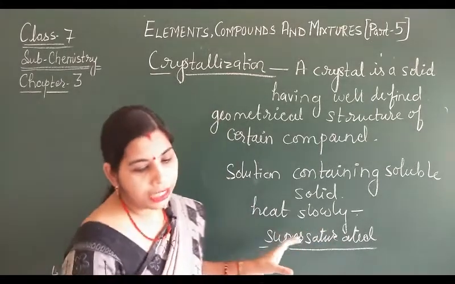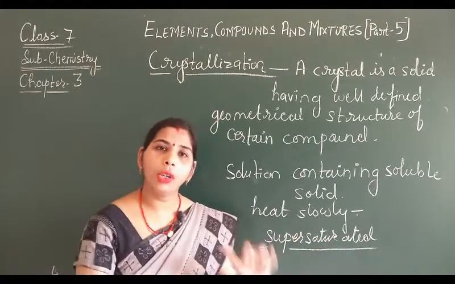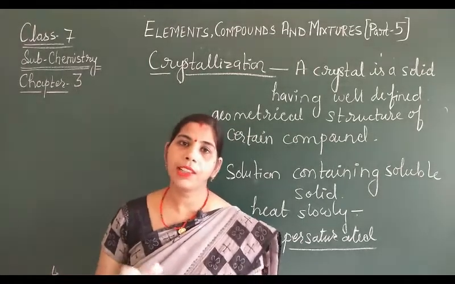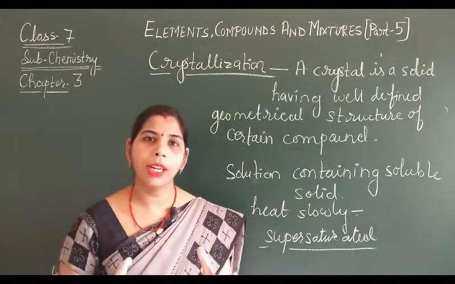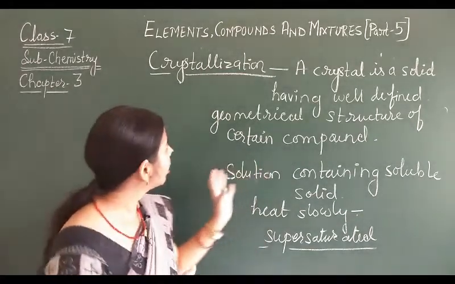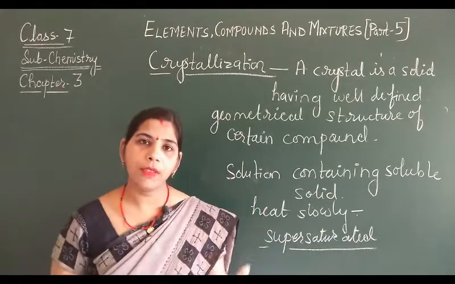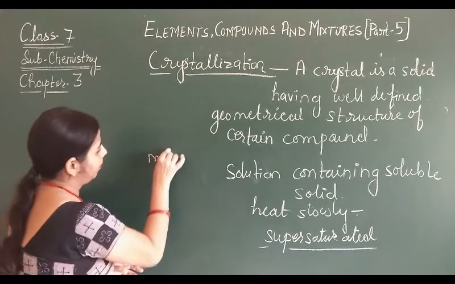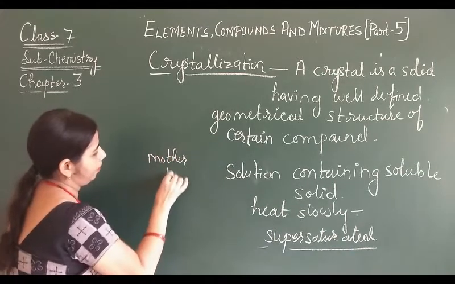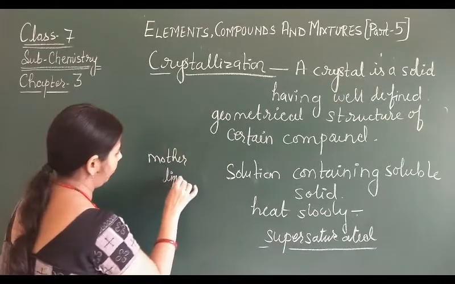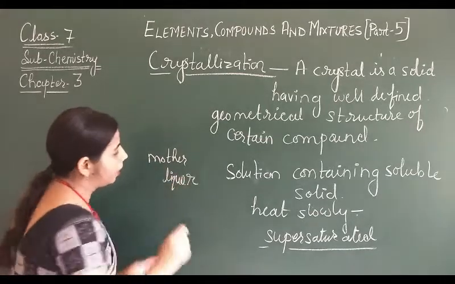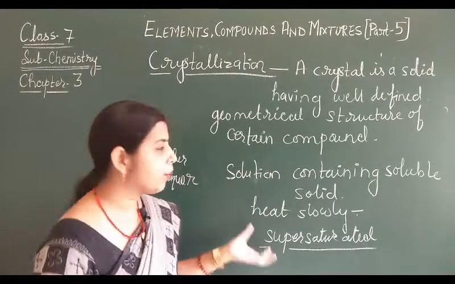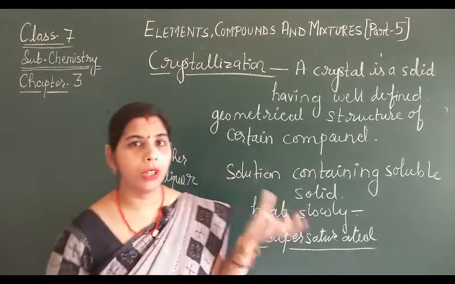After this, on cooling, the crystals are going to form, and slowly, slowly the crystals become bigger. Then the liquid that remains we separate. That liquid is known as the mother liquor. This crystallization process is utilized for forming the cubes of sugar and salt.